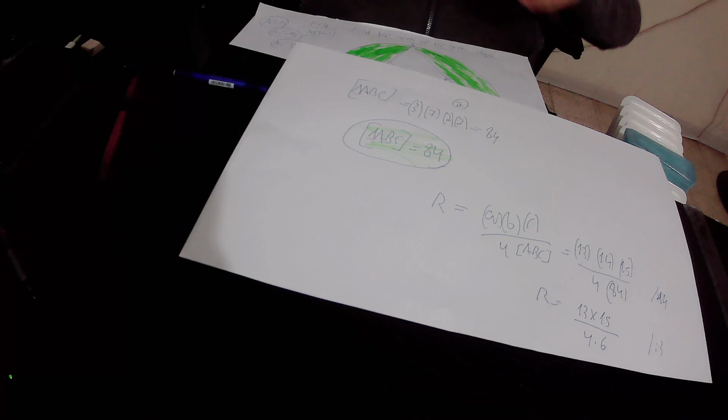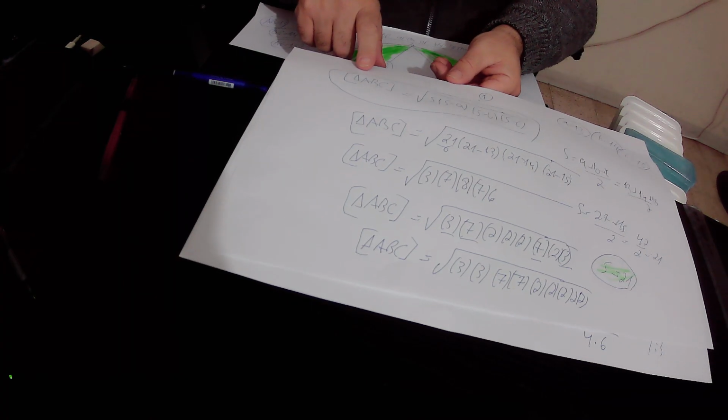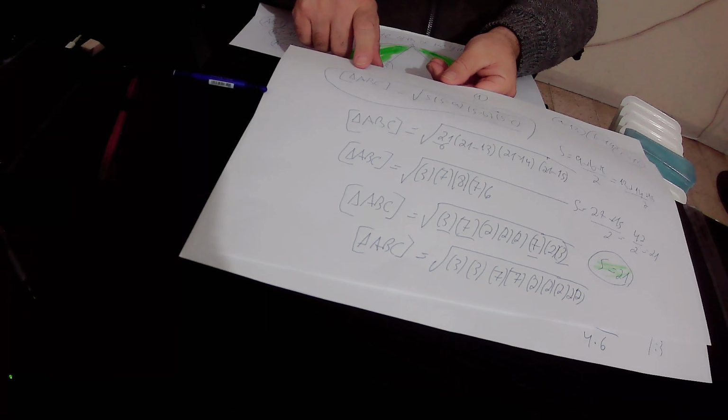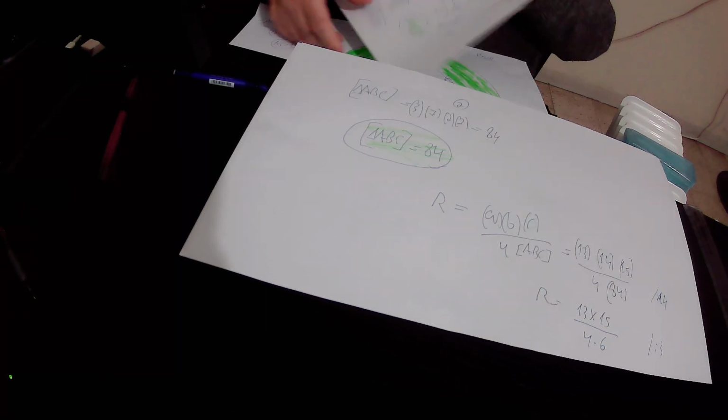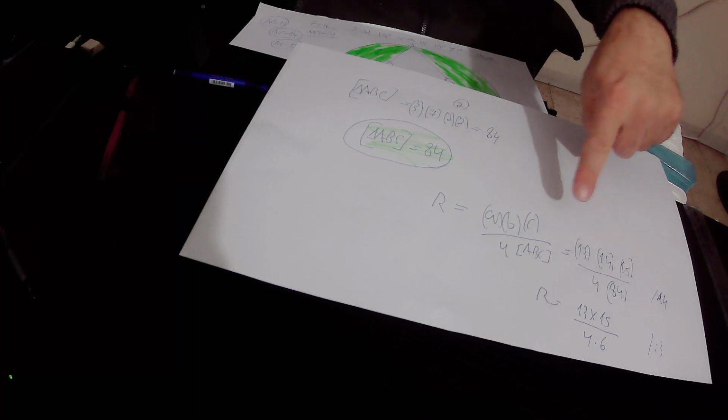According to this formula, we've already found out that the area of triangle ABC is equal to 84 square units. So substitute the area of triangle ABC by 84.